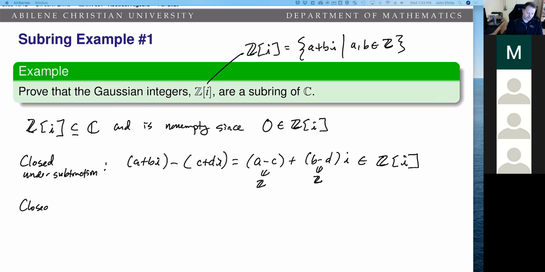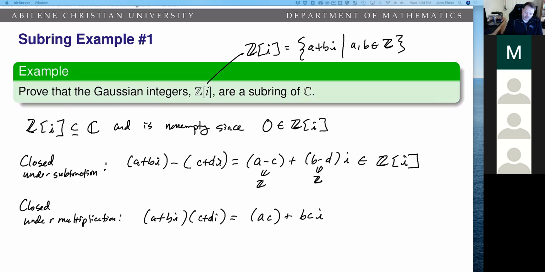Is it closed under multiplication? Well, if you take a plus bi times c plus di, you can see that this is a times c plus bci plus adi plus bdi squared. Remember, i squared is -1.